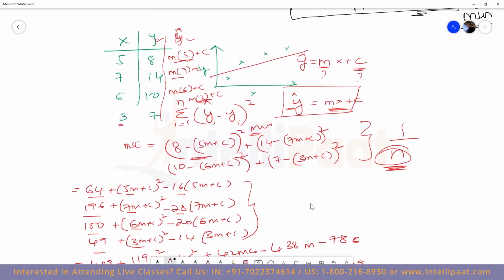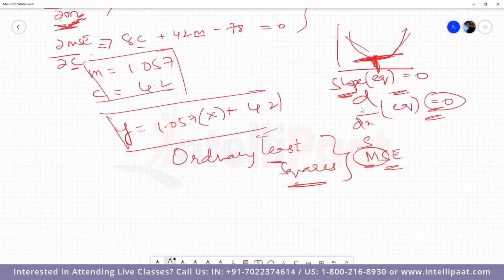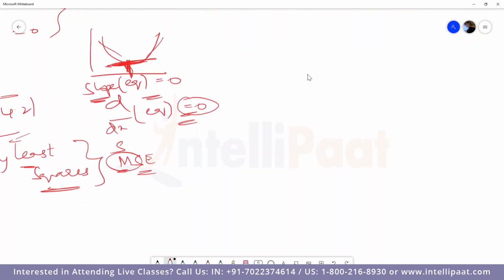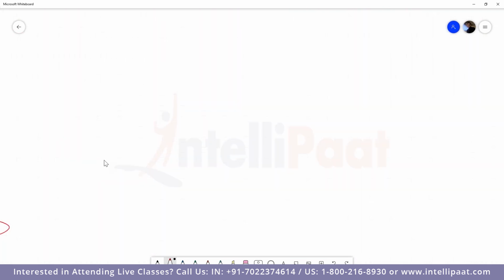So the process of multiple linear regression remains the same. The only thing is that instead of fitting an equation that looks like this, we could generalize your linear regression equation into something like this. If it is a single variable, predicted value is equal to beta naught plus beta 1 times x.